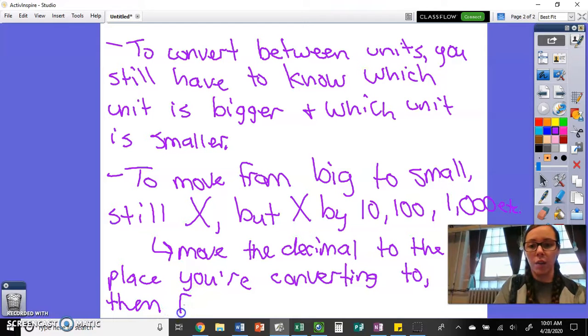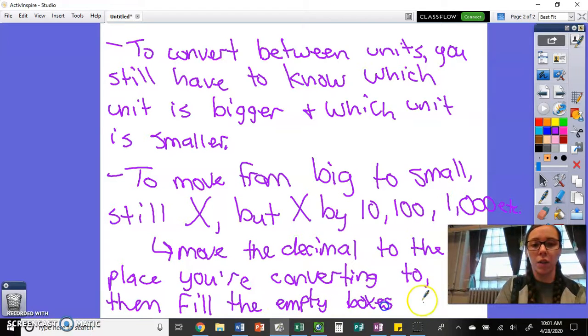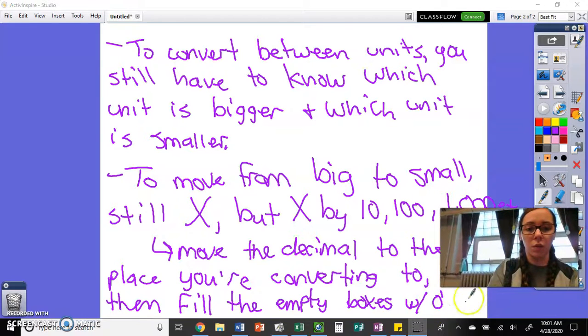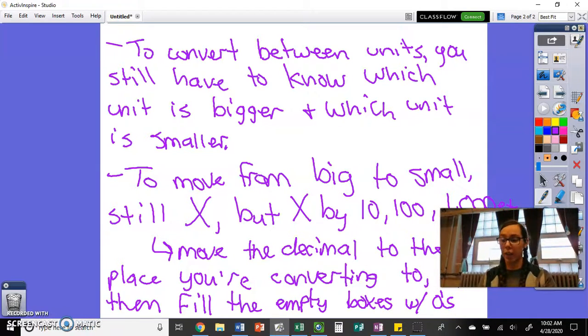Then fill the empty boxes with zeros. I know I kind of showed you what I meant by that, but let's look at an example. Pause the video if you need to finish writing this down, and then when you're done, go ahead and click play again. Same as always.